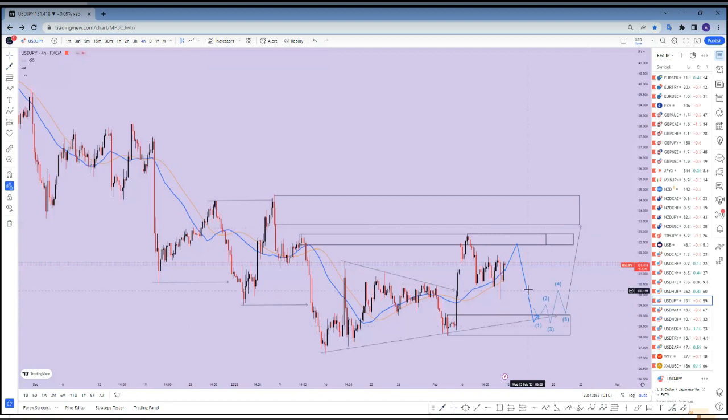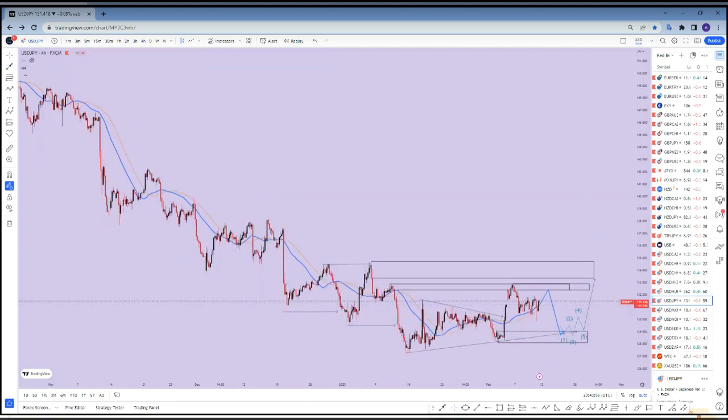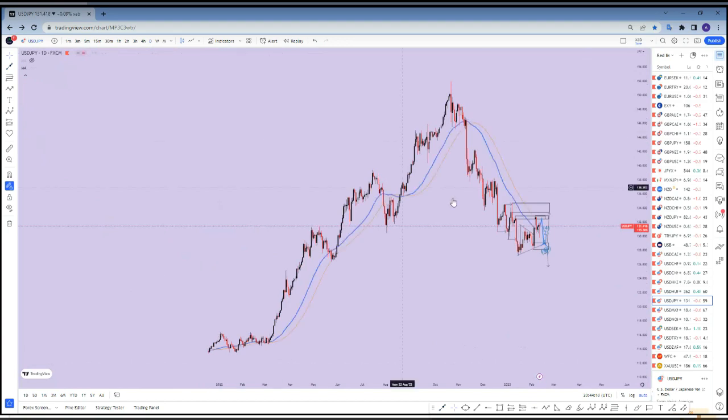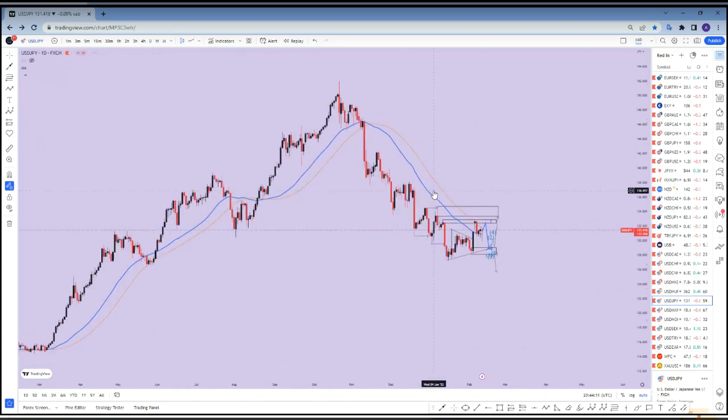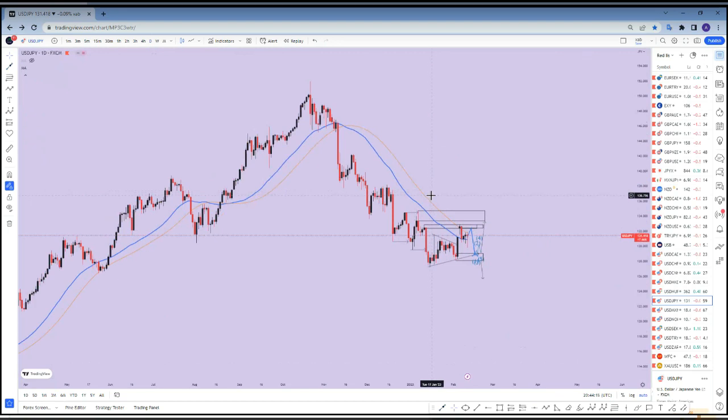But if we don't get this, then trust me, USDJPY is gone. Beautiful. I am pretty confident about that.